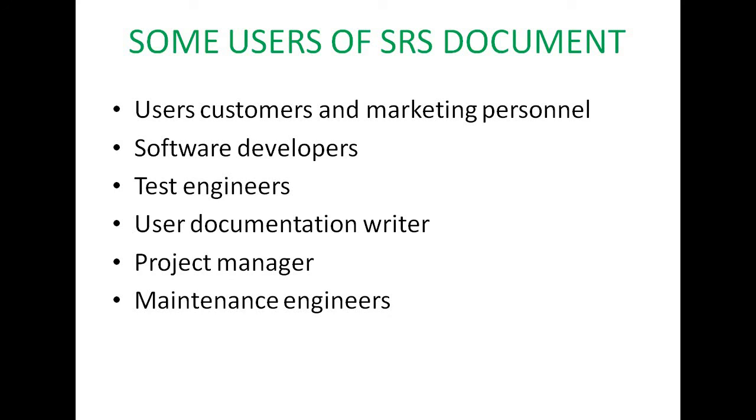If a maintenance engineer cannot know the functionality of the software, he is not in a position to maintain the software. So these are the different users of the SRS document: users, customers, and marketing personnel, software developers, test engineers, user documentation writer, project manager, maintenance engineer. All of them use the SRS document for their own purpose. Okay, so the SRS document is most important for the development of the software.